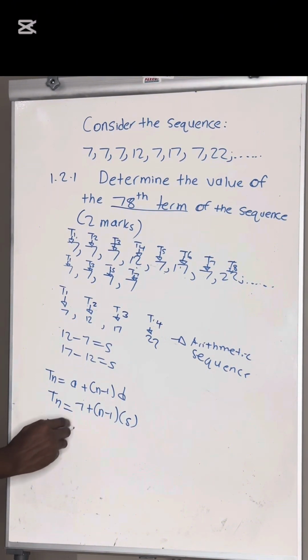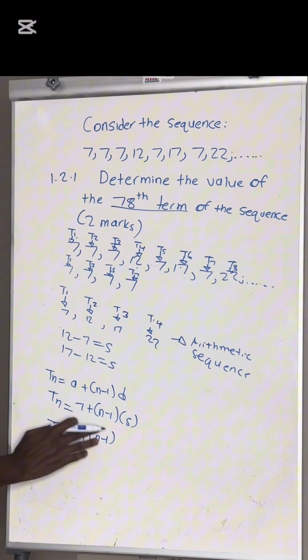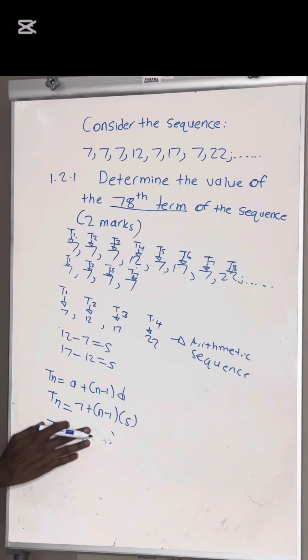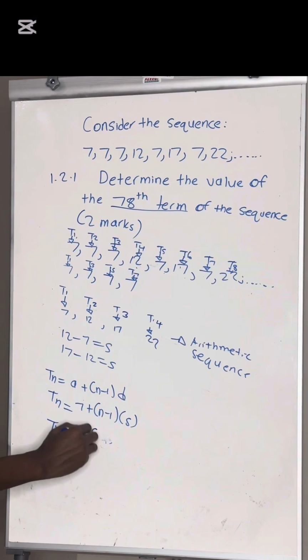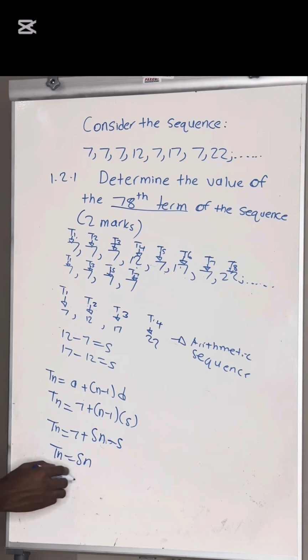Tn is equal to 7 plus 5 times n, that is 5n, and 5 times negative 1, that is negative 5. Tn is equal to 5n, 7 minus 5, that is positive 2. So we're getting closer to the solution.